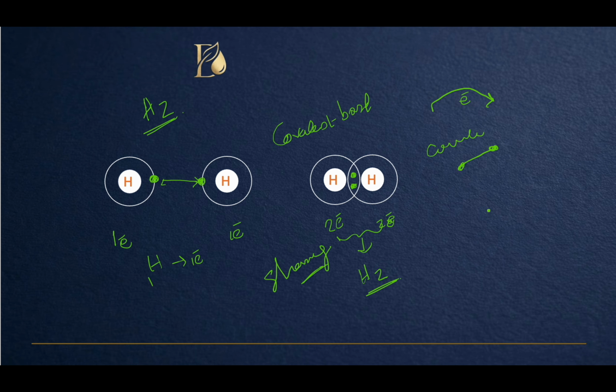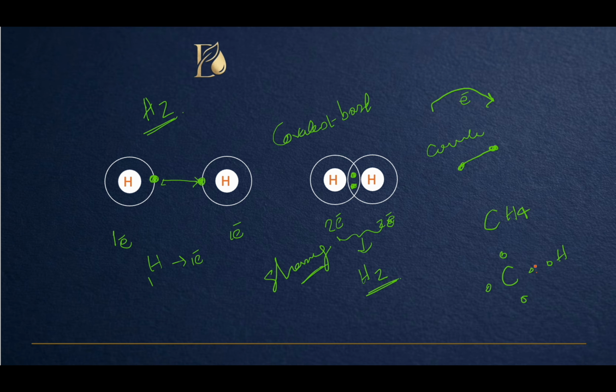We can take another example: how the CH4 molecule is formed. In the carbon atom, how many electrons are there in the valence shell? There are 4 electrons. And the hydrogen atom has 1 electron in its valence shell. Now, what will happen?